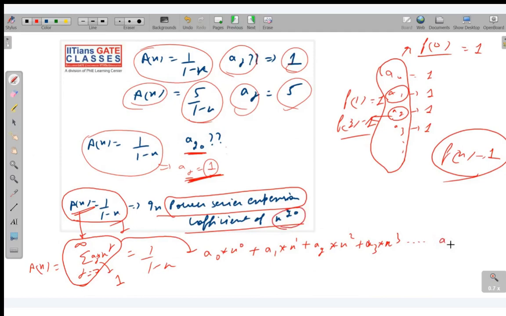So what do you mean by this? A20 into X power 20. The coefficient of X power 20 is nothing but A20 only. What is A20? You already know, it is 1. That is your answer. Okay, now take a snapshot. I will jump to the next slide.